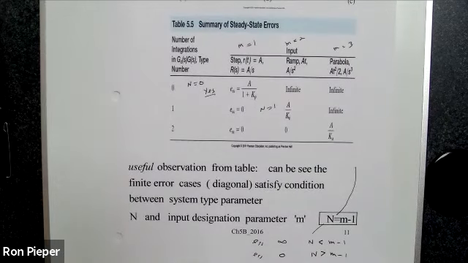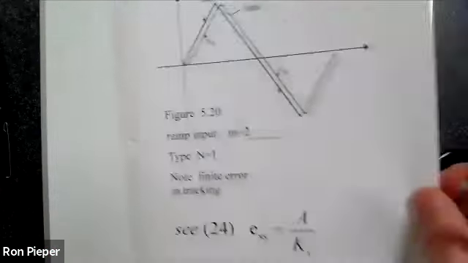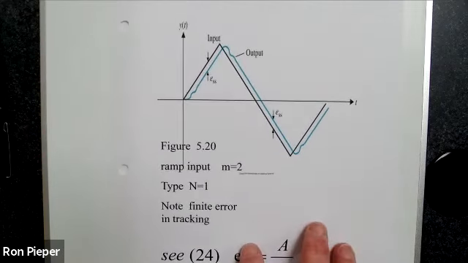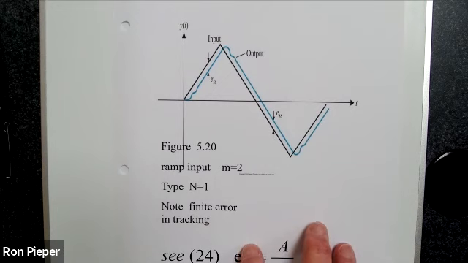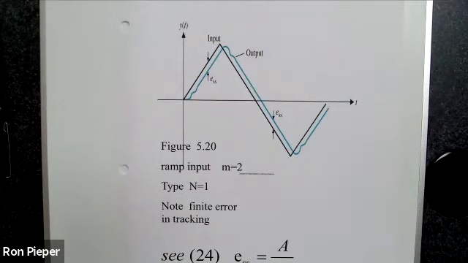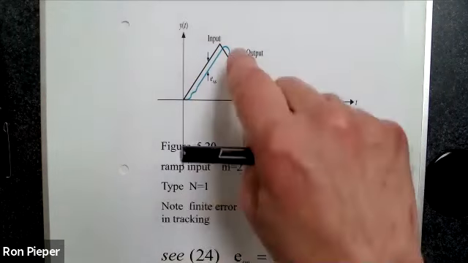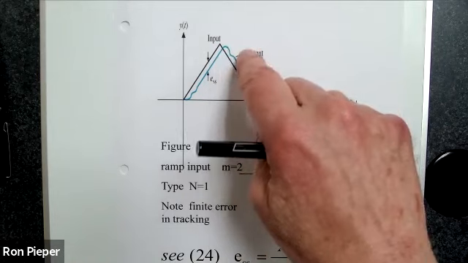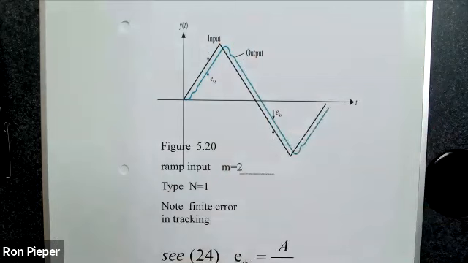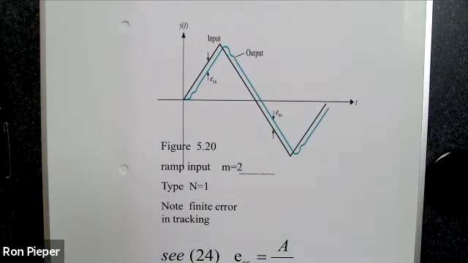No, okay. My notes have a picture here. This would correspond to, I guess it's conveying the idea, if you have a triangle input, sawtooth, who knows. The idea is that you have this response, which in the beginning you really don't know, you don't have the details because you're not working out the full transient, but you do know in the steady state, under the ramp with n equal to 1, you get a finite error.